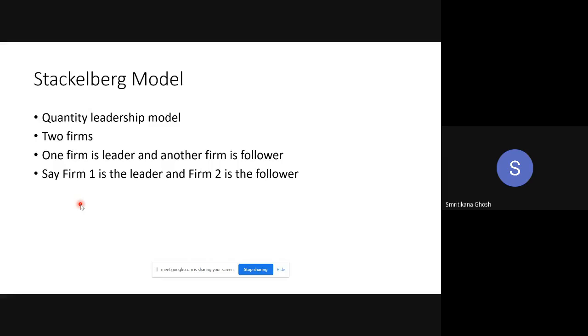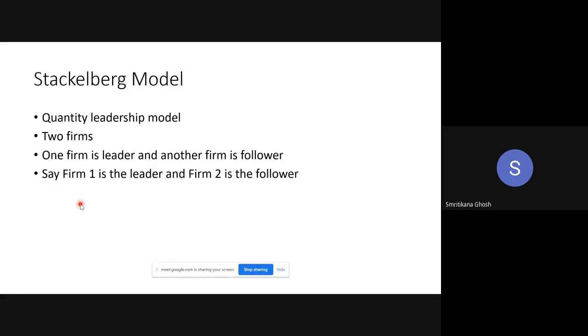Conjectural variation of the leader firm is zero or non-zero. What will be the correct one? What do you think? The first decision is taken by the leader. Based on the decision of the leader, the second firm will choose his output. That is the way.